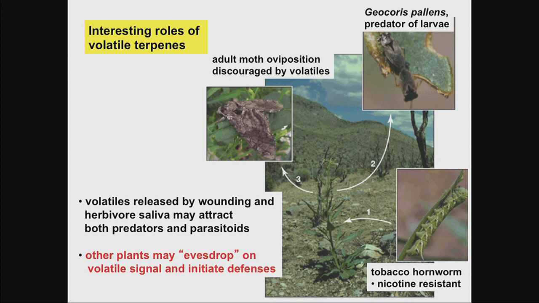This plant will detect those compounds and start to mount defenses, even though it's never seen a predator. It's not this plant helping this plant out. This is not altruistic action. Hey, buddy, I'm under attack. This is just eavesdropping. It detects these compounds, and that's information. So there's information processing that triggers defense activity.